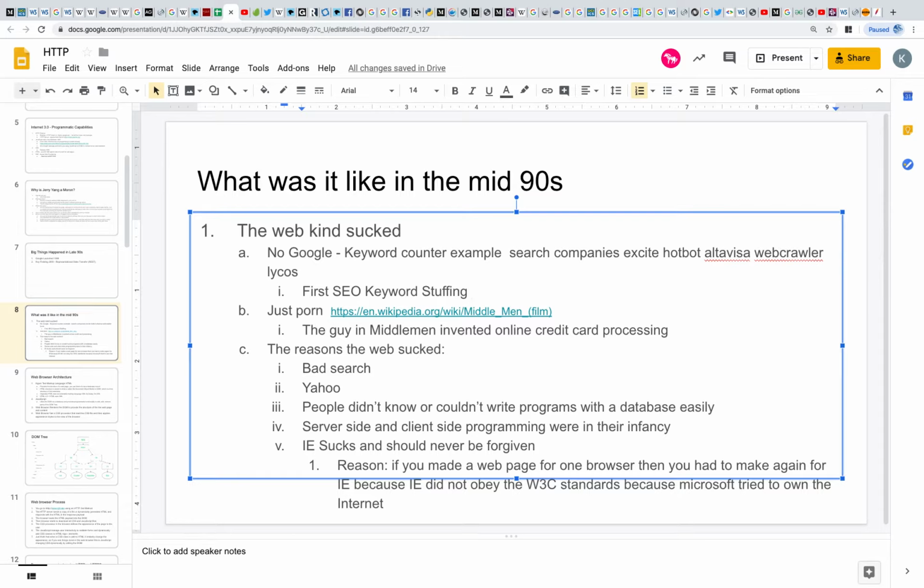And if you typed in mother's biscuit recipes, then whatever page had mother's biscuit recipe in the text was the top result. So with the overflowing amounts of money in the porn industry, they just took every single keyword that you could possibly type in and stuffed it into the pages of everything.